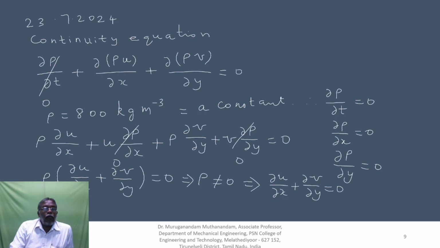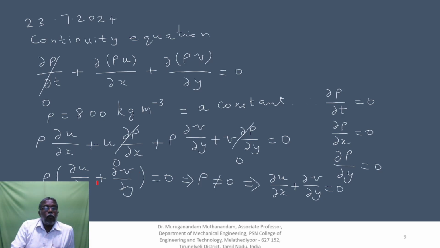It's a product of two numbers, you see: rho multiplied by partial u upon partial x plus partial v upon partial y. If you make a product of these two numbers, we obtain the result equal to 0. When will it happen? We know that rho is not equal to 0. It is 800 kg per meter cube. So, which is equal to 0?